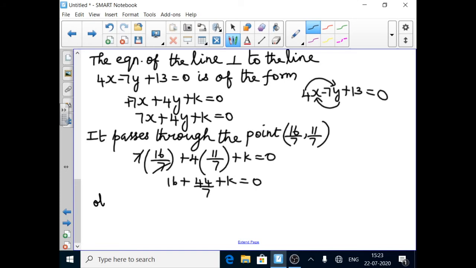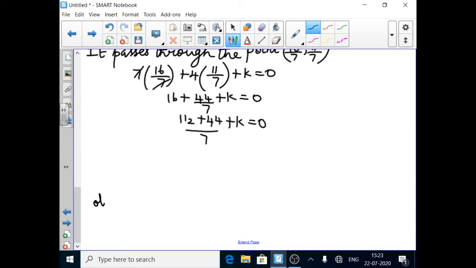Take 7 as the LCM. 7 times 16 is 112, plus 44, plus k equal to 0. Add: 112 plus 44 is 156. 156 by 7 plus k equal to 0.